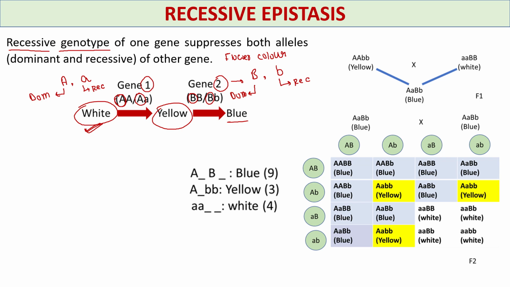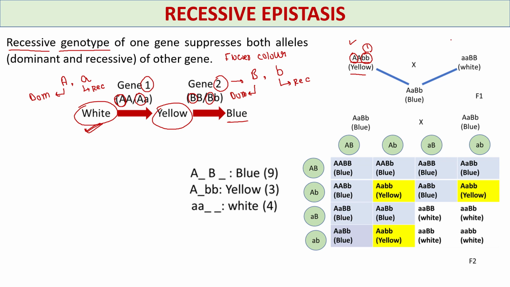In the following cross, parent 1 has genotype capital A, small b, and it has yellow color because allele capital A is giving it yellow color, and gene 2 contains two recessive alleles, hence they can't work and yellow to blue conversion is not possible.